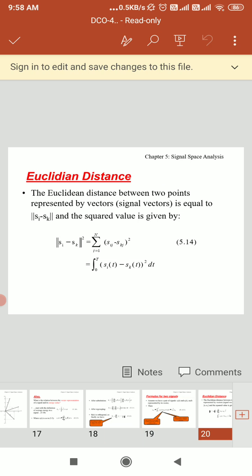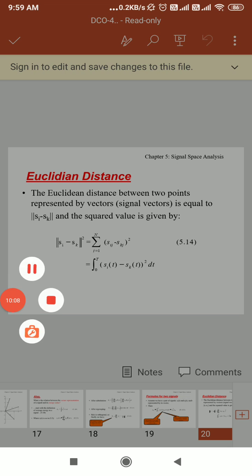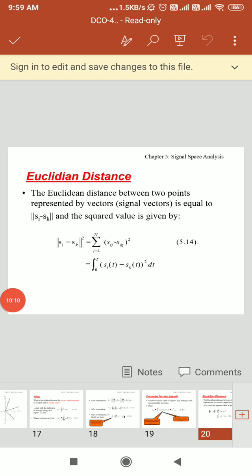The Euclidean distance between 2 points, which we represent by the vectors, is the double modulus of Si minus Sk, and the squared value is the double modulus of Si minus Sk squared, equal to the summation j equal to 1 to n of Sij minus Skj squared. We can take that as the integration from 0 to T of Si of t minus Sk of t squared dt.